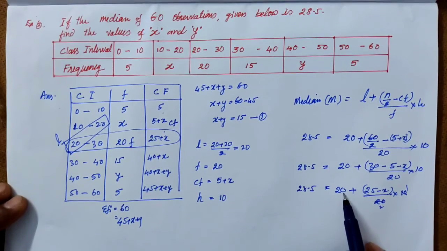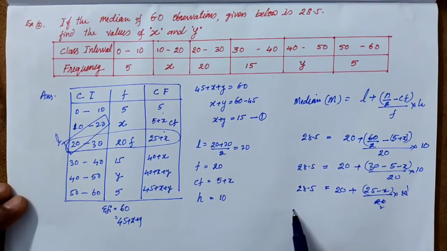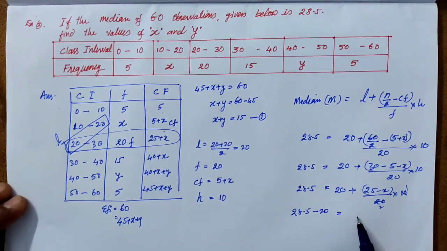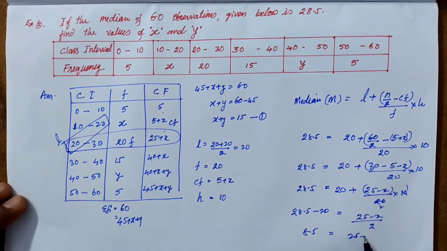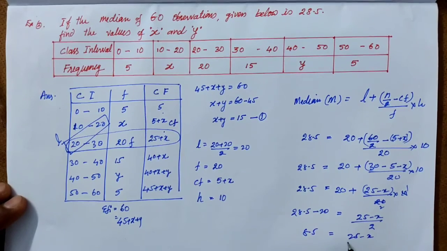If you transpose 20 to this side, 28.5 minus 20 is equal to 25 minus x by 2, so 8.5 is equal to 25 minus x by 2.